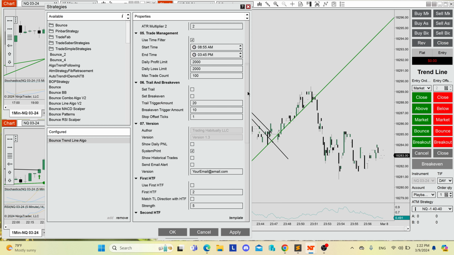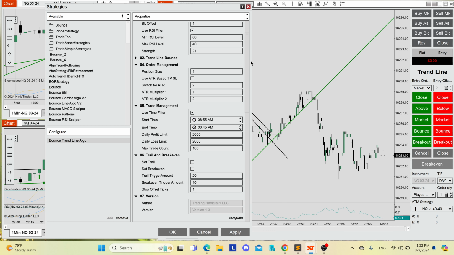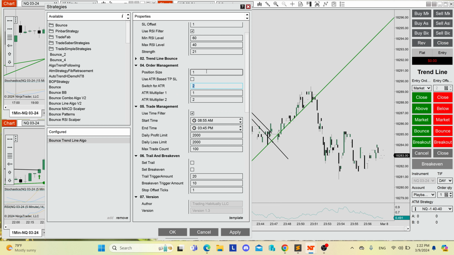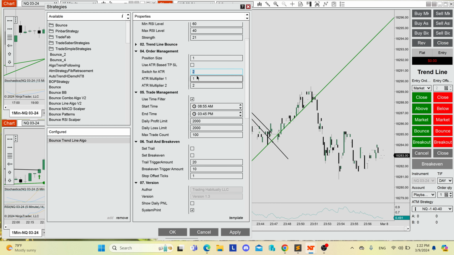So in this case, the system will check if ATR is below 2, it will keep the original stop loss and take profit. But if ATR is above 2, then the second multiplier kicks in.